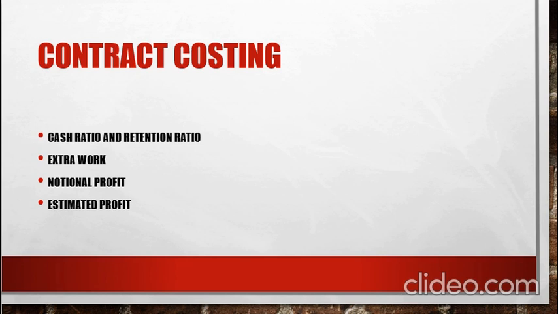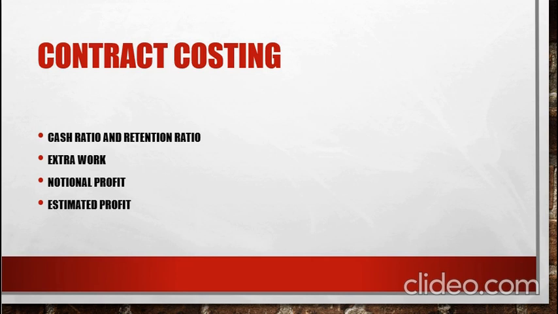This is known as cash ratio. So based on the agreement, the contractee will not pay the full amount of the contract. He will only pay a certain percentage of it, that is 80 to 90%. The remaining will be kept by him.